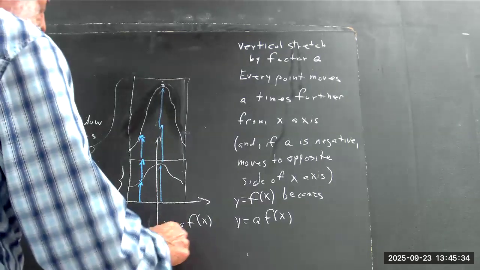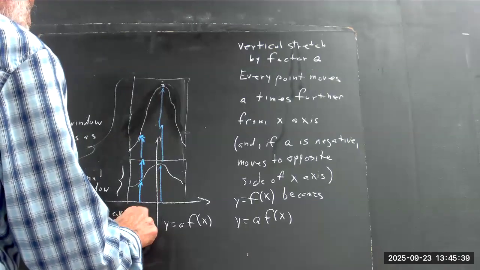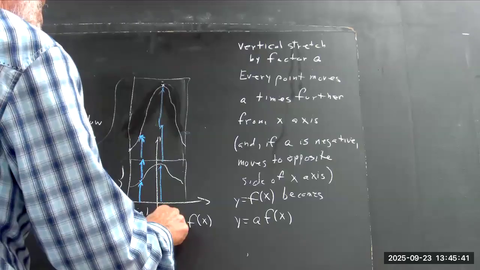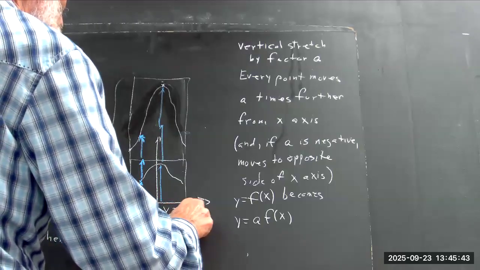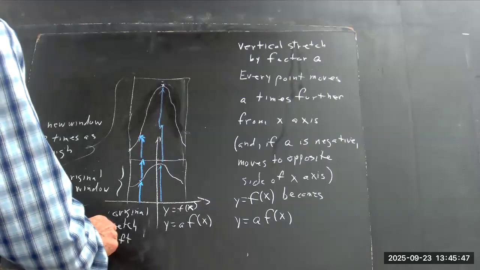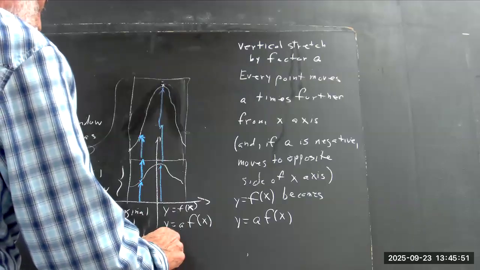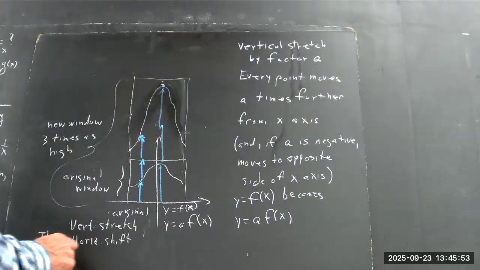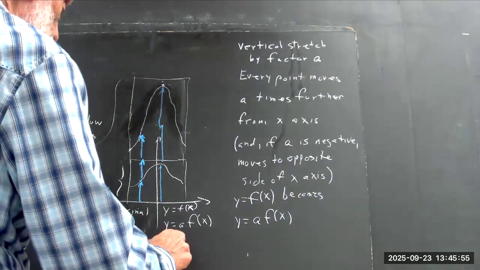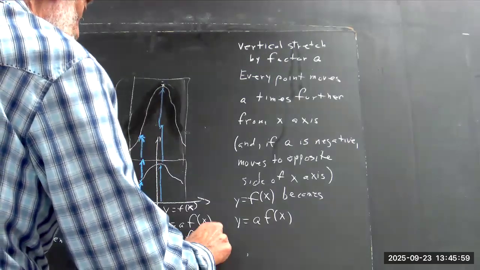So, the original is y equals f of x. Vertical stretch: y equals a f of x. Then we do a horizontal shift, and we get y equals a f of x minus h.